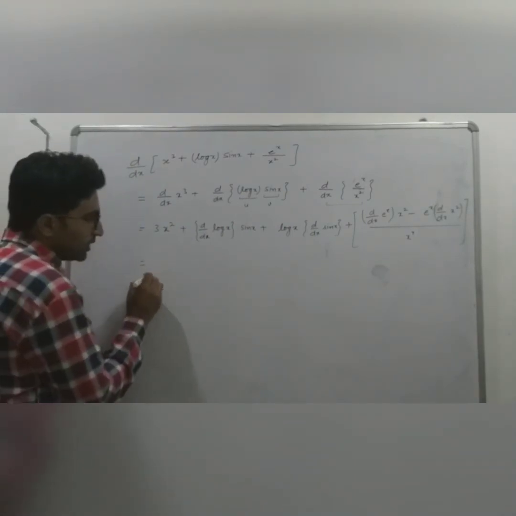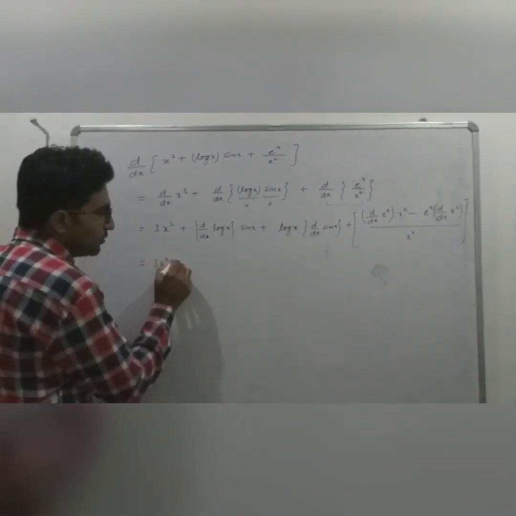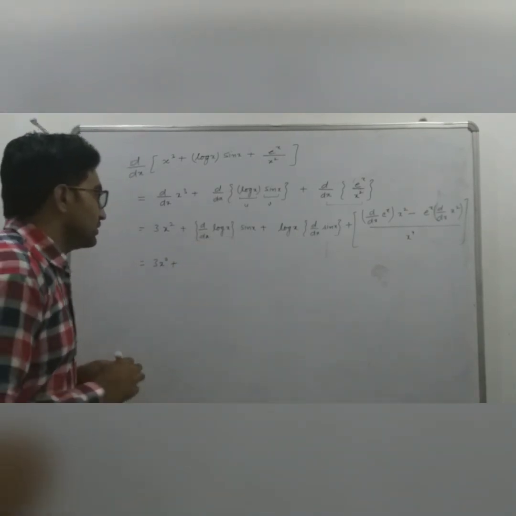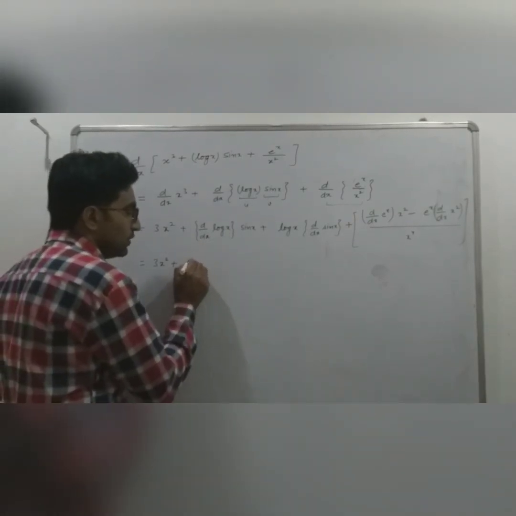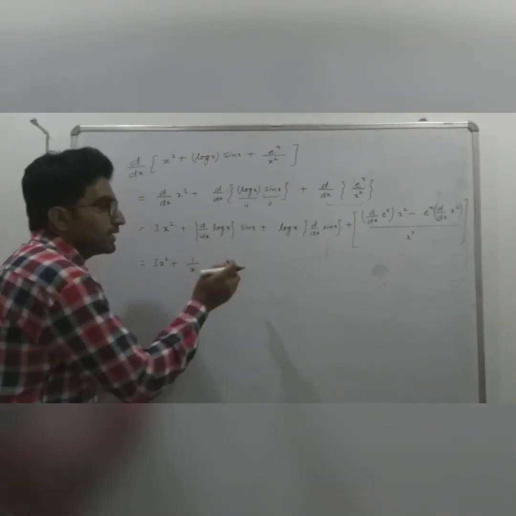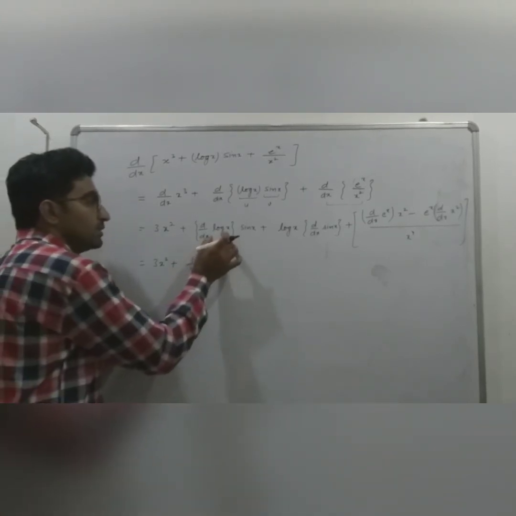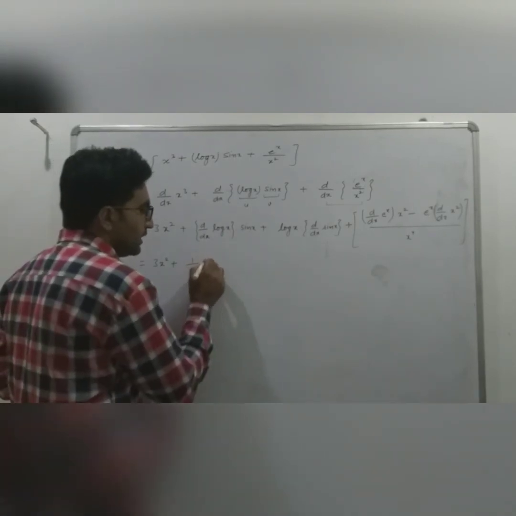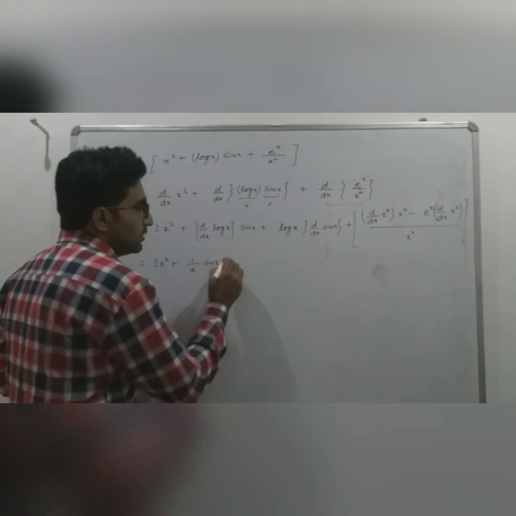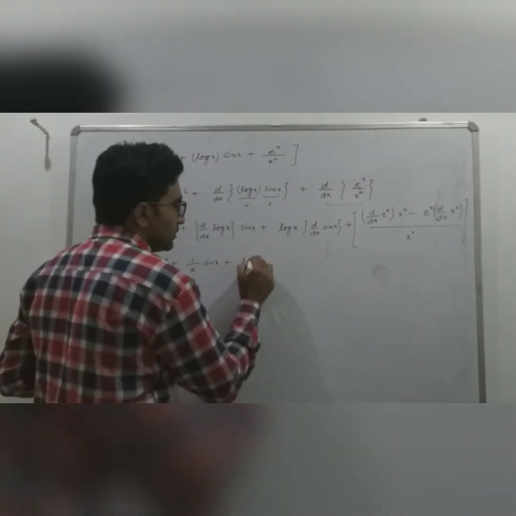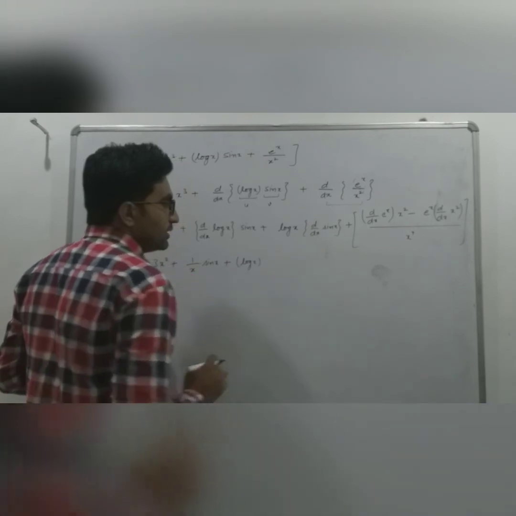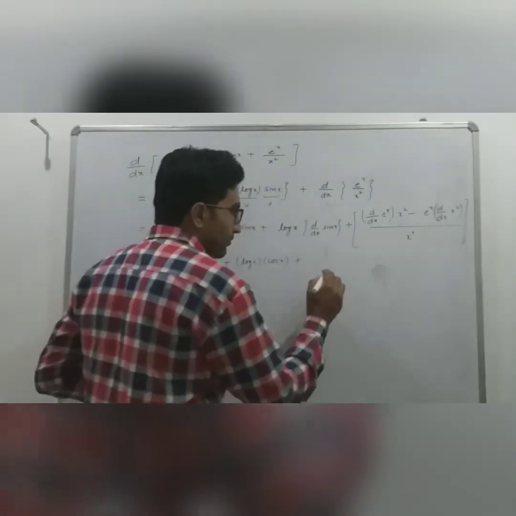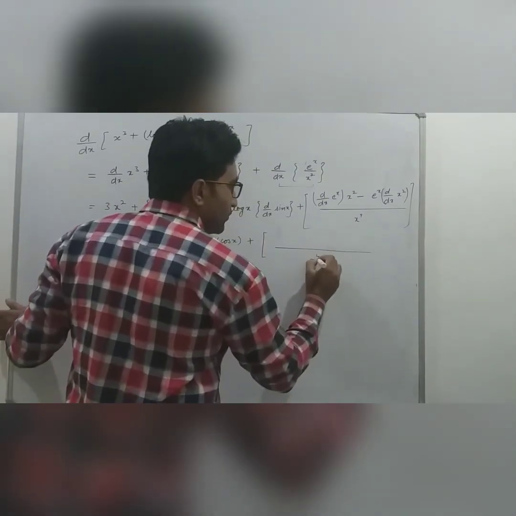Let's solve the terms one by one. 3x² as it is, plus d by dx of log x. The differentiation of log x will be 1 by x, so log x gives 1 by x, and sin x as it is, plus log x as it is, and the differentiation of sin x is cos x, plus x raised to the power 4 as it is.